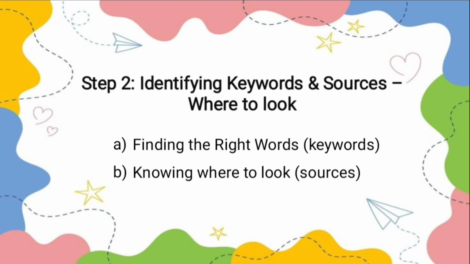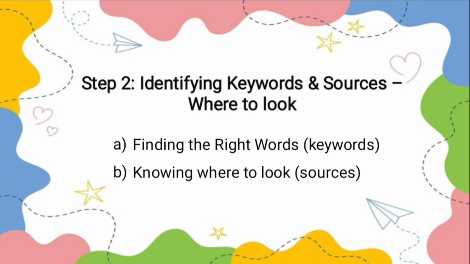Then, knowing where to look. This means identifying the best places to find credible research on your topic. You want to look in places where experts share their findings. Reliable sources ensure the information you use in your literature review is trustworthy. So where to look, simply? Think of places like university library websites.